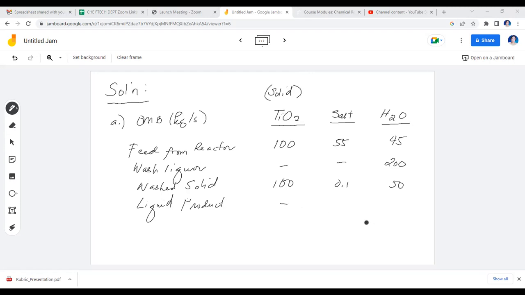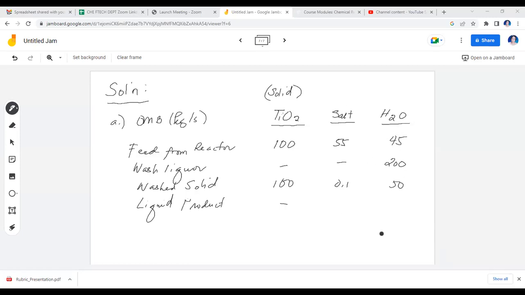How did we complete the last row consisting of the information of the product? That's your concentrated wash liquor from the first thickener. We do, correct, mass balance by using the values that you have here.